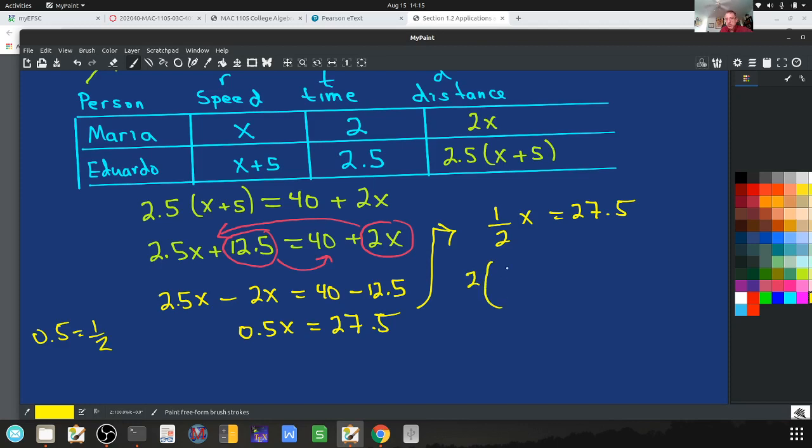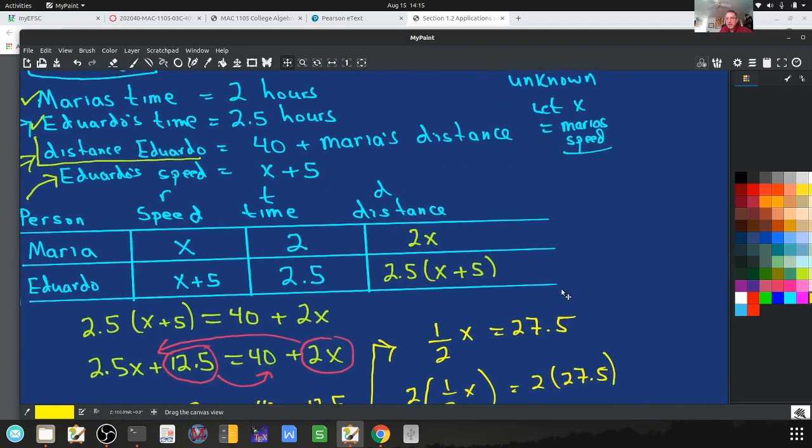Since 2 times 1/2 x gives me x, x is 2 times 27.5, and that's equal to 55. And that's miles per hour. So what was x again? X is Maria's speed.